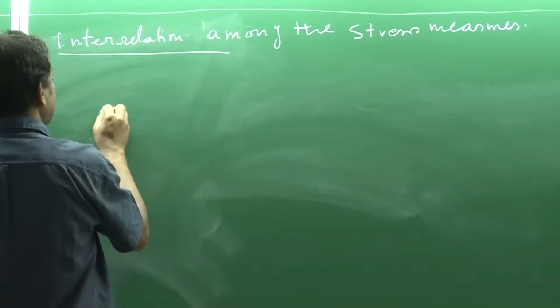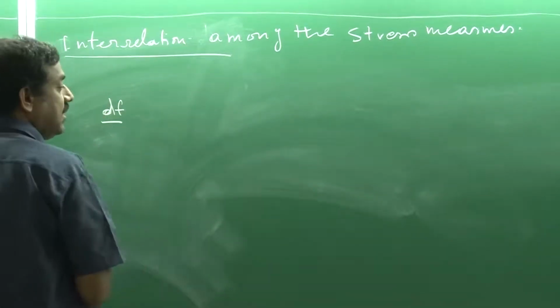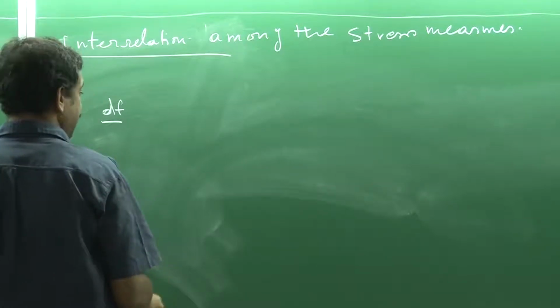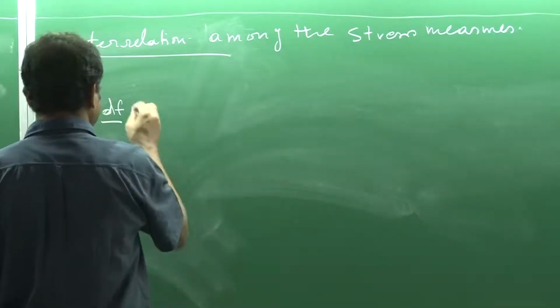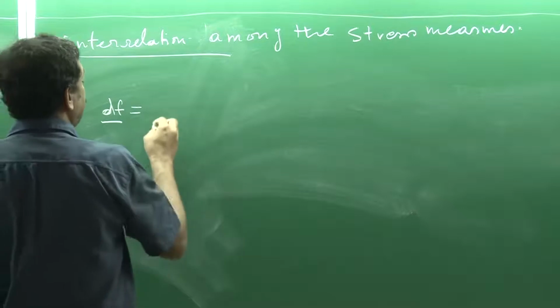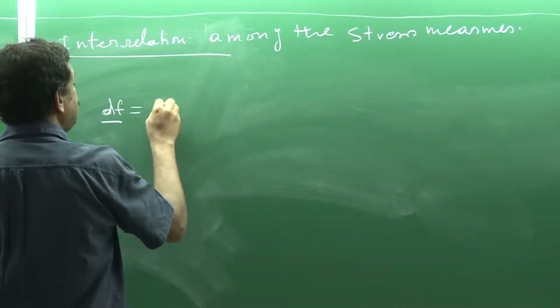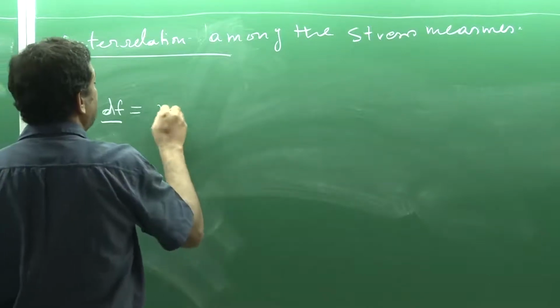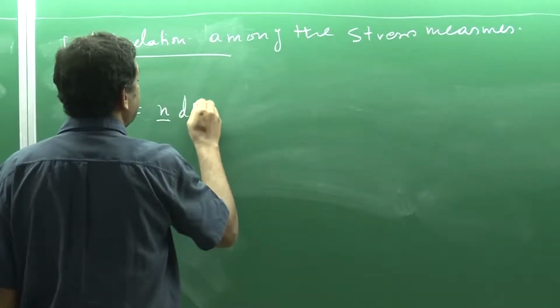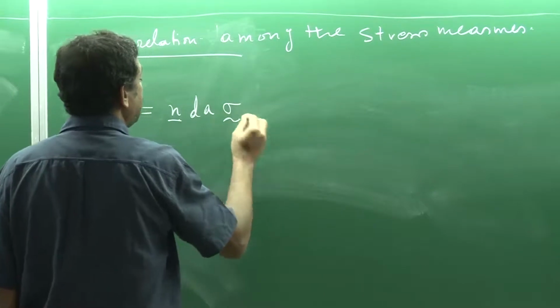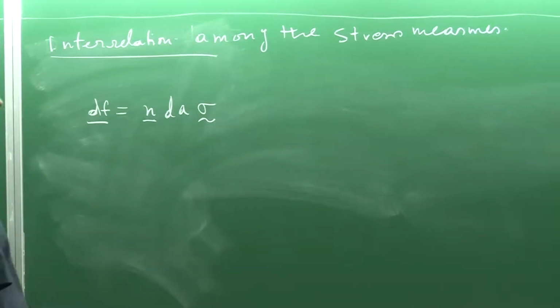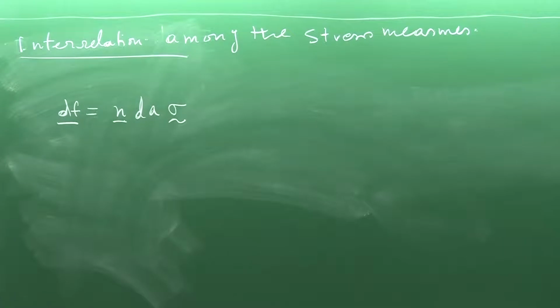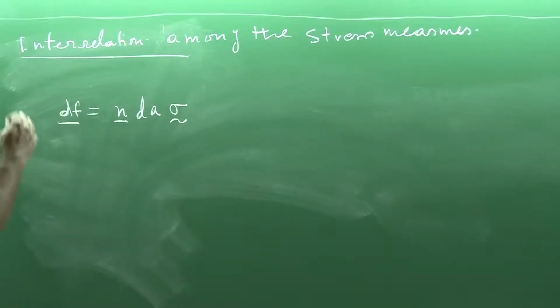If you can recall, df bar, all these three different statements. Df bar, if we want to see it in terms of Cauchy, was n bar, and I am putting the area dA tilde. This is the force, maybe the force on some small area.